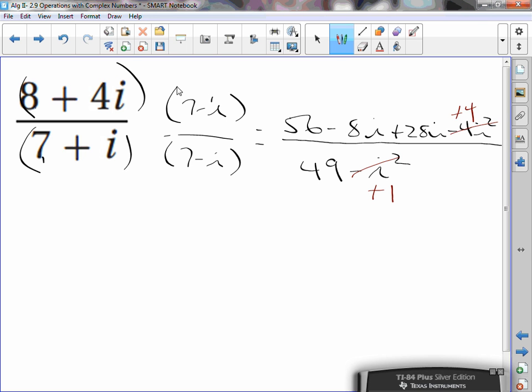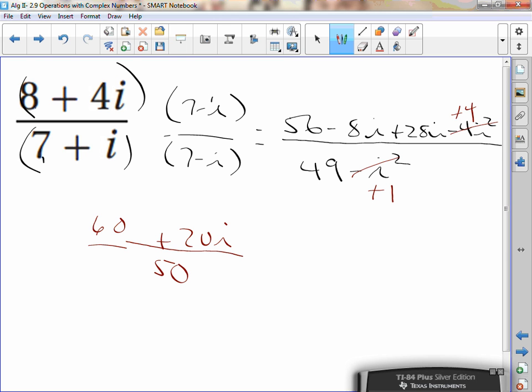All right, let's look at the real numbers. What's 56 plus 4? 60. What's negative 8 and 28? 20i. What's 49 plus 1? 50.